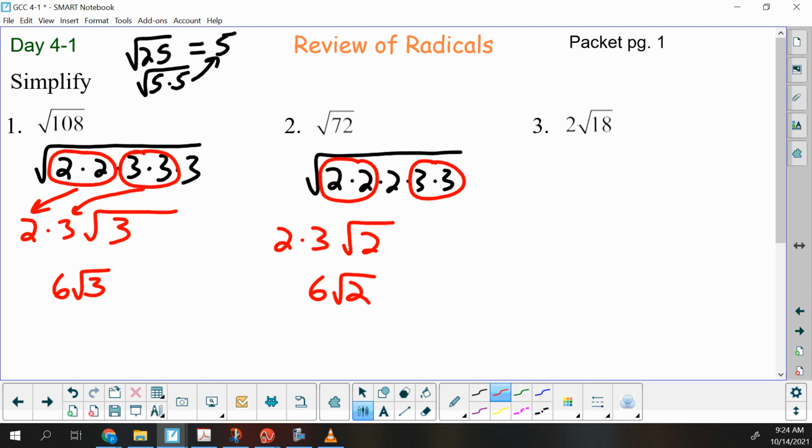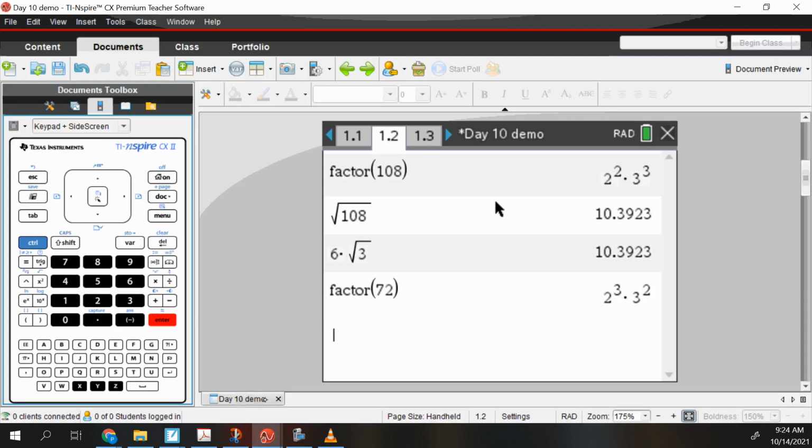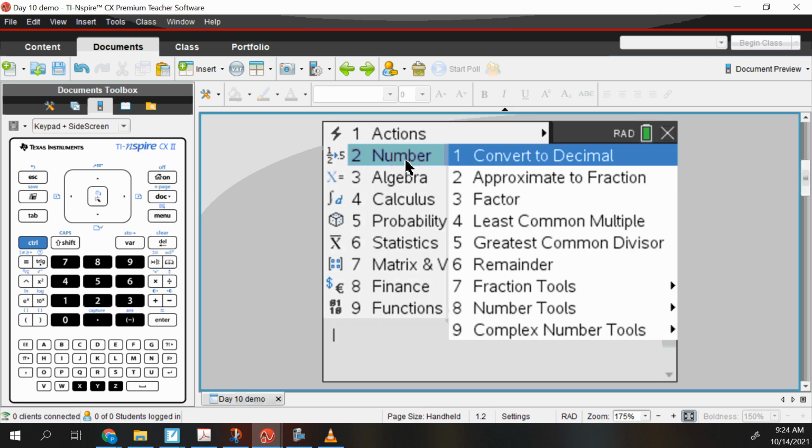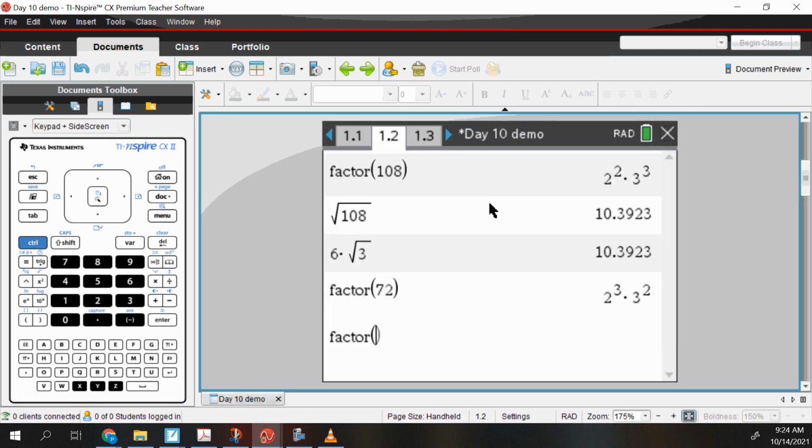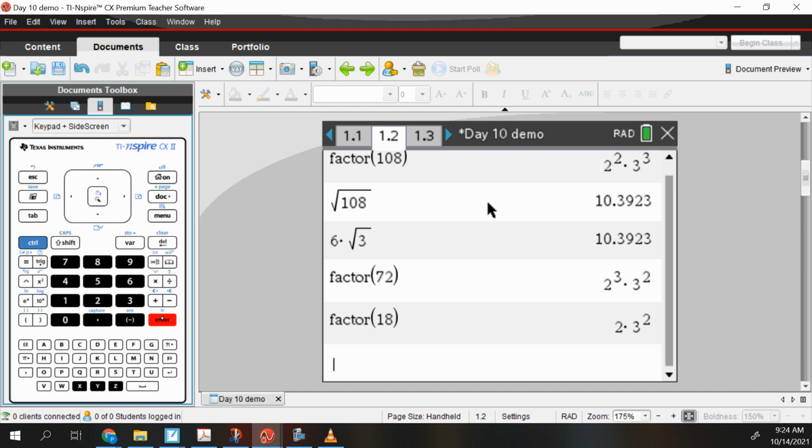Now, if you have a number out in front of the radical, like we have a number 3, that just ends up going out front with any pairs ones that you had. So we're going to write this as 2 square root. We'll go to our calculator. We're going to do menu, number, factor, and we have 18.